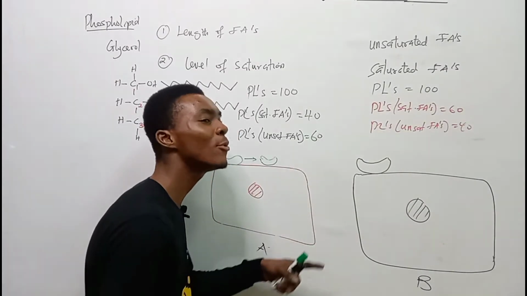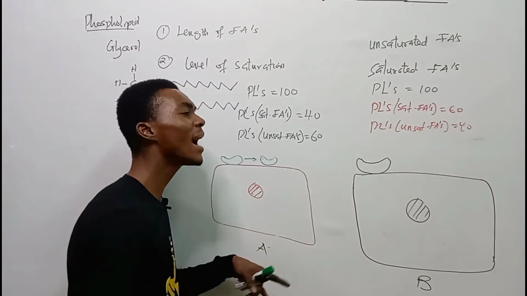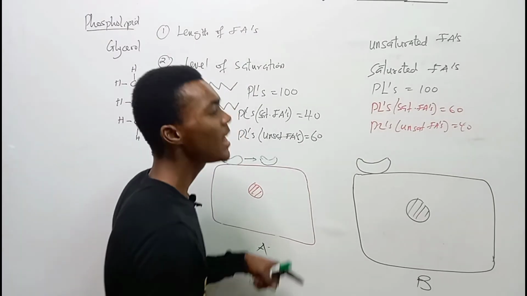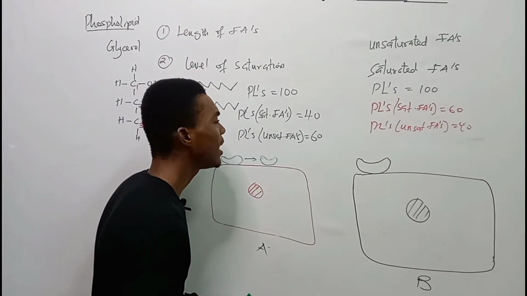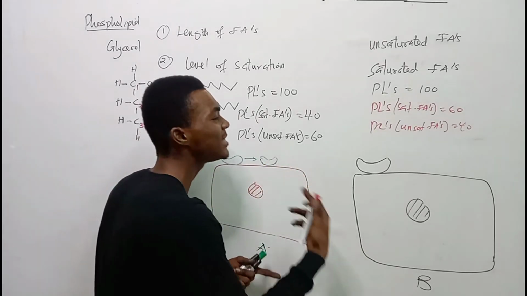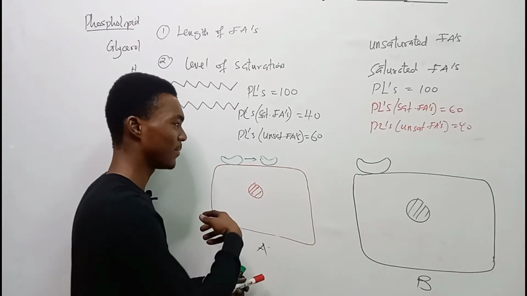A cell membrane with a higher fluidity, in terms of levels of saturation, will be the one that has phospholipids with more unsaturated fatty acids. So which of them?